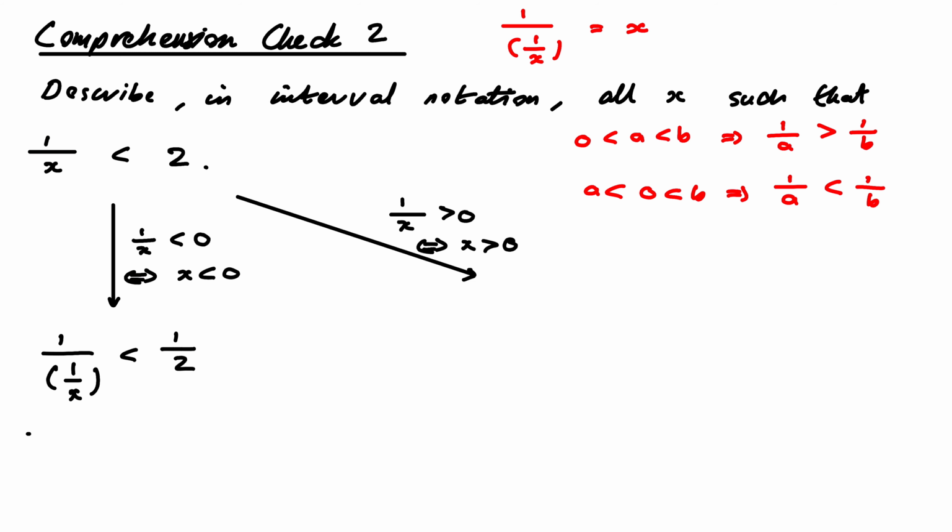Okay. But what's this statement? This is exactly the statement that x is less than a half. All right, so that's what happens if negative. What about this statement over here? Well, now, if I flip the inequality, what happens?